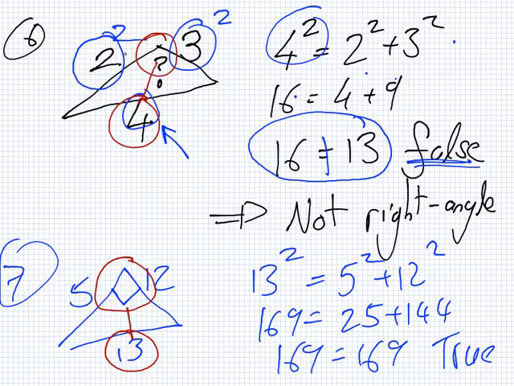Okay. So far we've looked at finding missing sides. Now we need to look at how we can find missing angles.